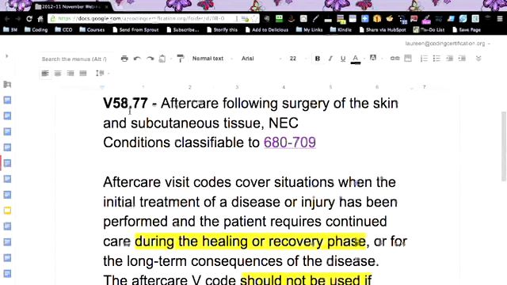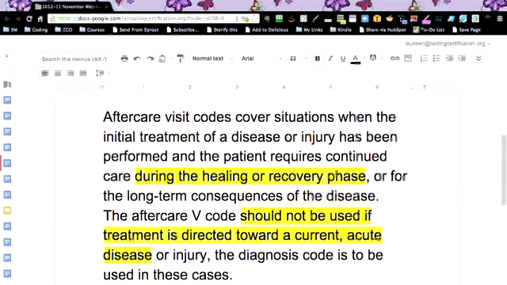But I wasn't completely convinced that we're ready to start using aftercare codes, because when I started to read this in the guidelines, aftercare visit codes cover situations when the initial treatment of a disease or injury has been performed and the patient requires continued care during the healing or recovery phase. So I'd like to see the documentation to determine whether or not the documentation's reading like they're in the healing or recovery phase. I suspect that they're still probably in the acute phase.